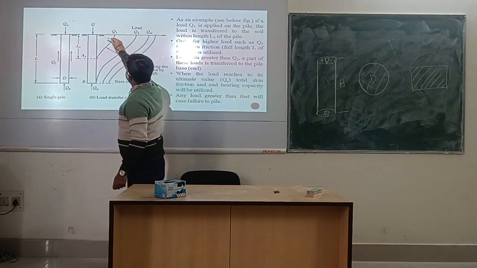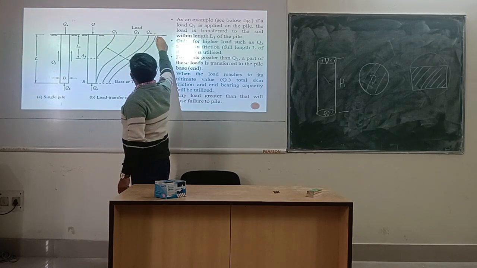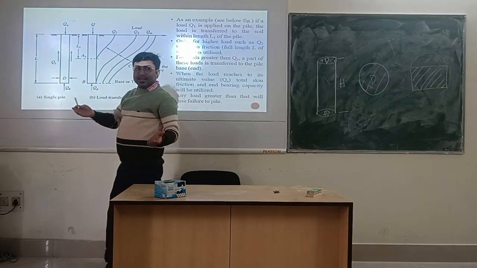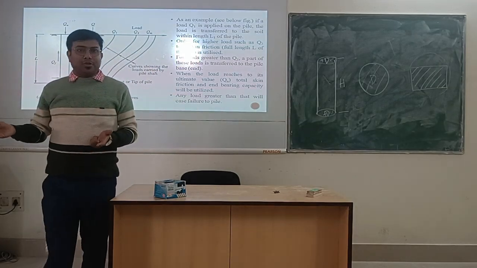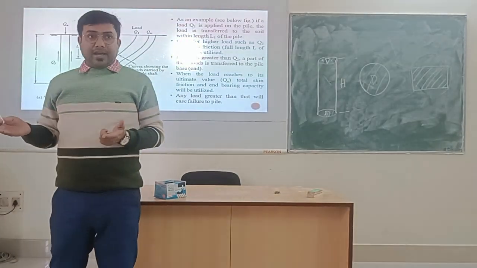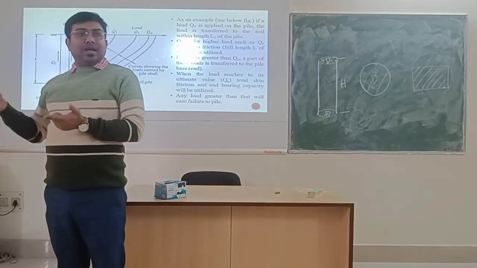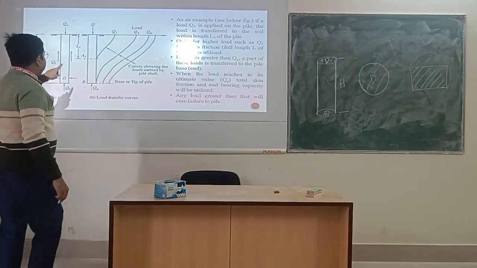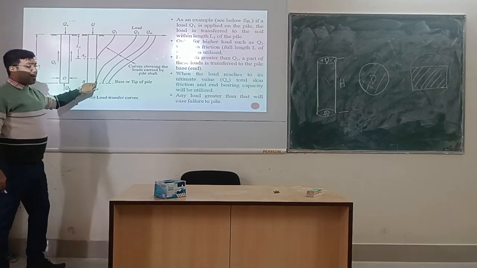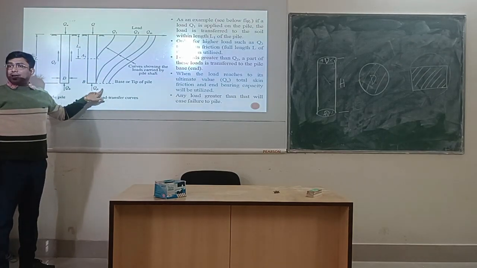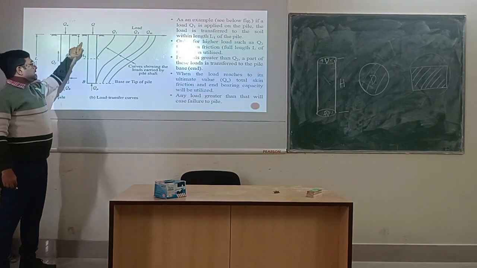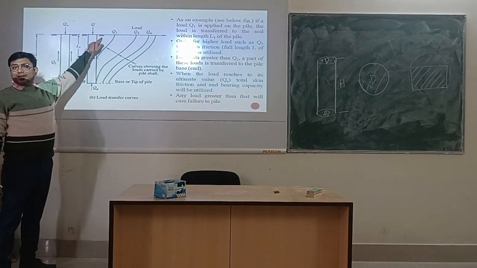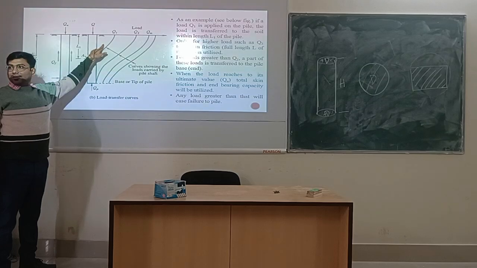And when this Q will be Qm, that is in our example 100 kilonewton, that is the maximum load. When we reach the 100 kilonewton load, then the total friction capacity and total end bearing capacity of this pile will be utilized, and that is the maximum load that this pile can carry, or that this pile can stand.